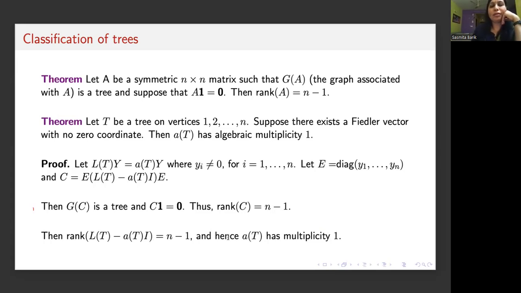If a_T had higher multiplicity, then this matrix rank would decrease. So this has exactly rank n minus 1, which means a_T has multiplicity 1. So if you start with a Fiedler vector and it has no zero coordinate, you can say that it's the only vector. That means a_T has algebraic multiplicity 1.